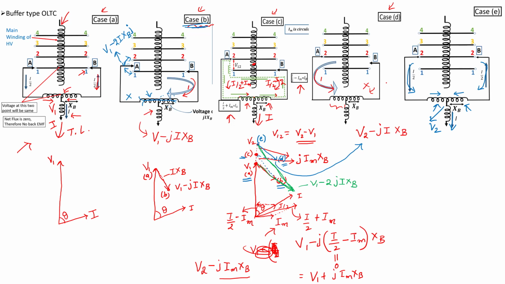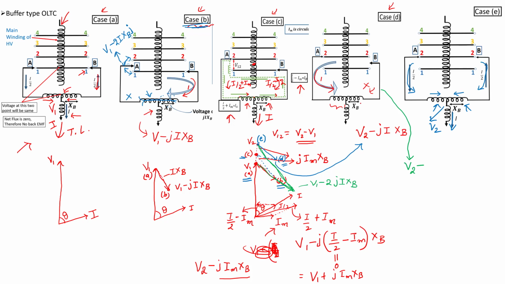Similarly, where is the other case? Other case is case D. In case D, this B is lifted here. B is lifted. Then what is the potential of B? So exactly same way here, it is actually V2 minus, because again here half of the winding only will be having current, the other half doesn't have any current.